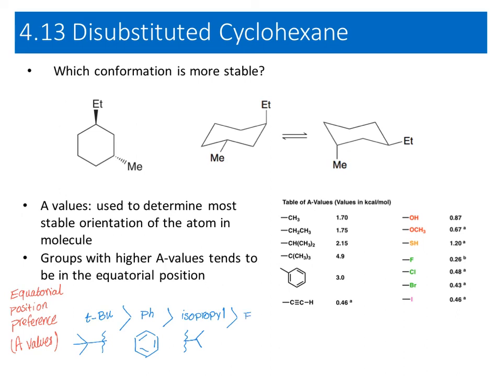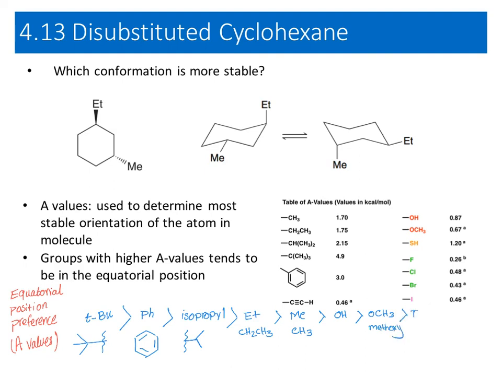Then we have ethyl, CH2, CH3, methyl, which is CH3. We have hydroxy. Then we have methoxy. So methoxy is OCH3. This is methoxy.